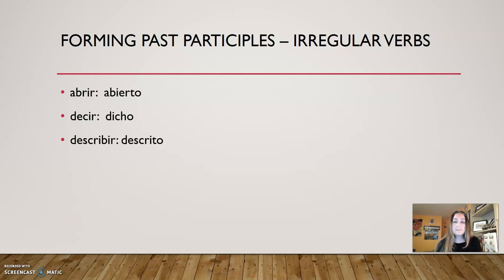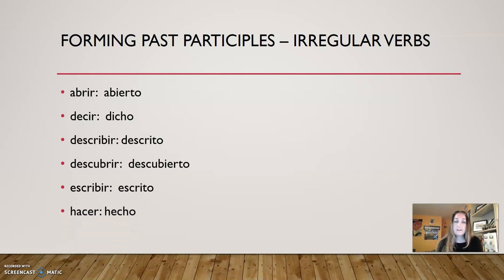Describir, descrito. Descubrir, descubierto. Escribir, escrito. Hacer, hecho. Morir, muerto.